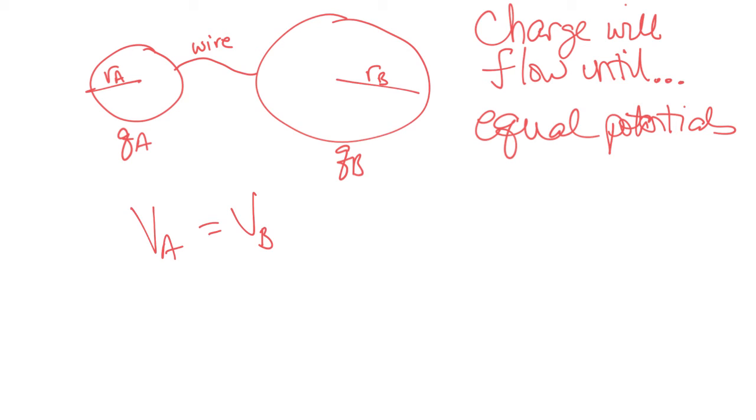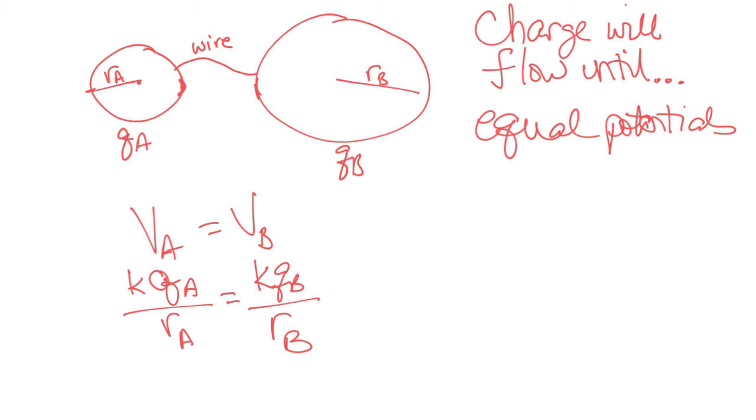If you're just looking at the surface, hopefully by this point you realize that the potential at the surface will just be like a point charge at the surface. So that's KQA divided by RA, KQ over R, and then this guy is going to be KQB over RB.